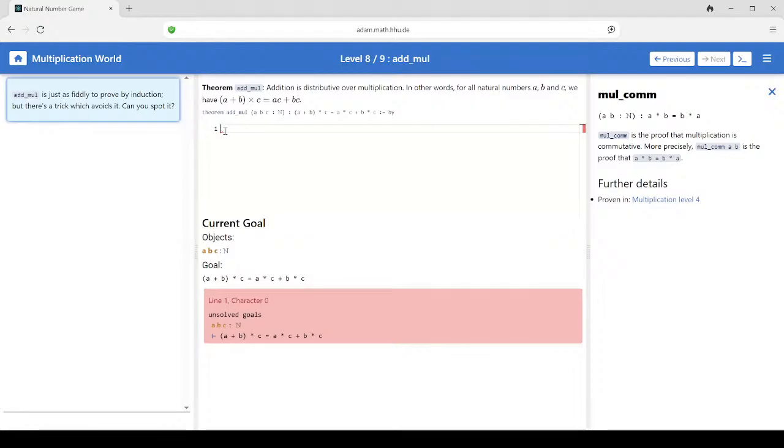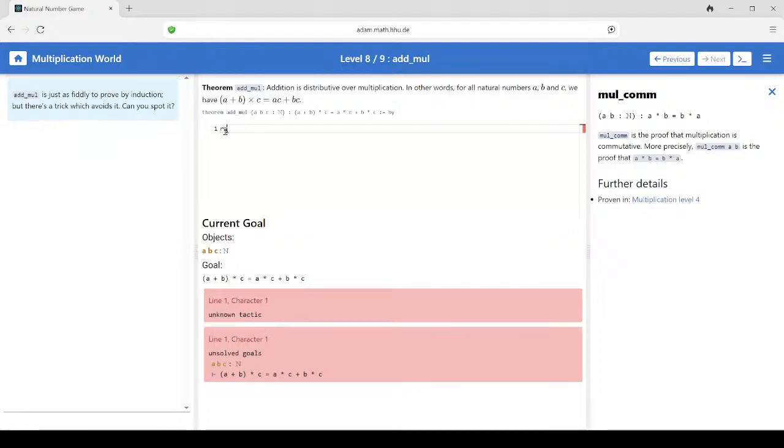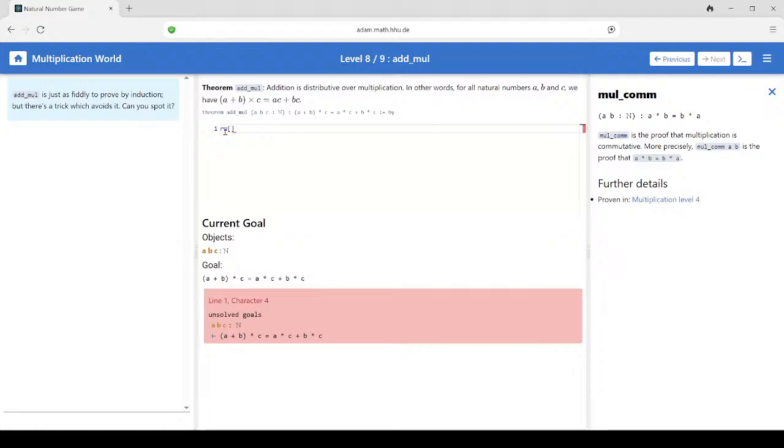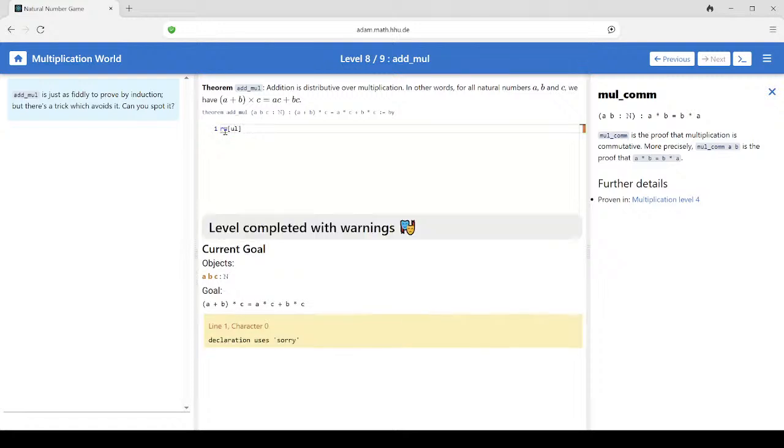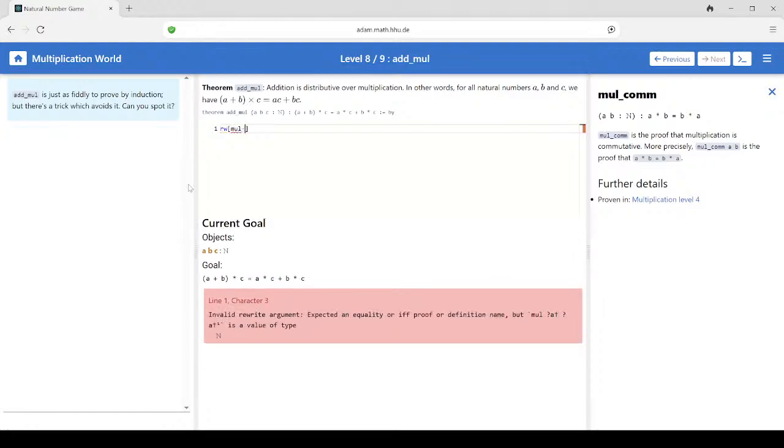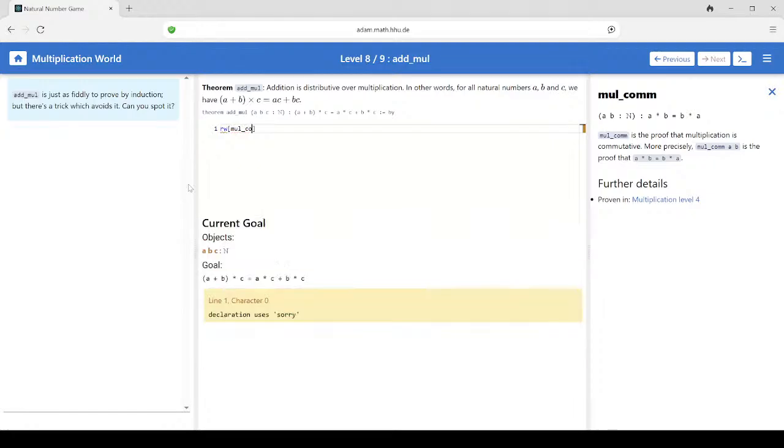Oh, that's it, I think. Rewrite. We're going to switch these around. I think this should work. There we go.